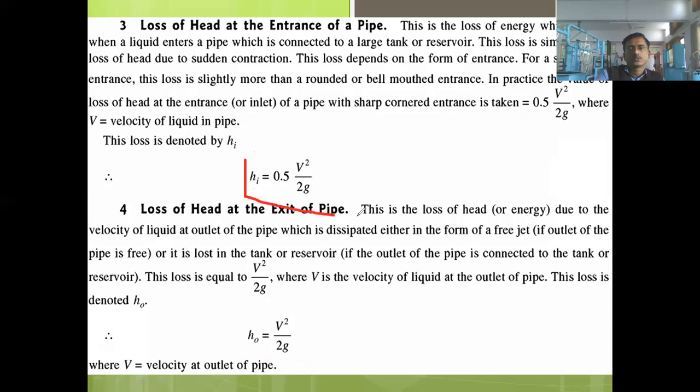Have you noted these formulas? Is it over? Yes, sir.